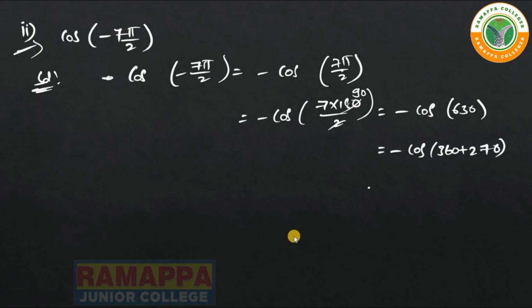So cos of 360 plus theta is cos 270 will come here.